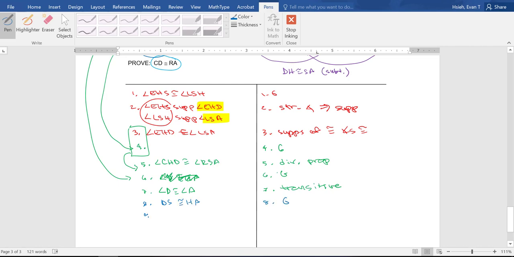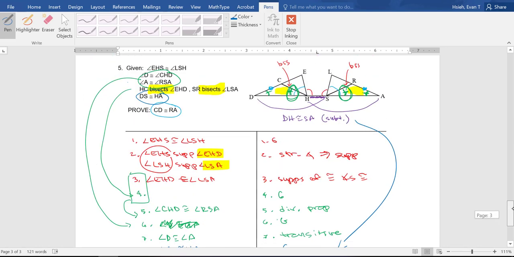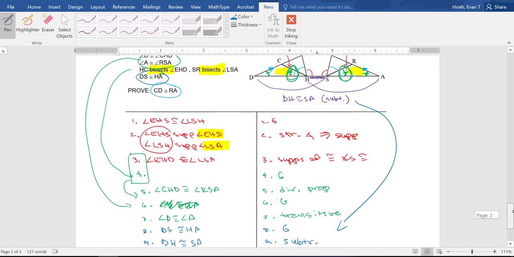Given. Step 9, I know that DH is now congruent to SA, and we said it was by subtraction property. And now I can say the triangles are congruent. So what's the name of the triangles there? It's going to be CHD and RSA.